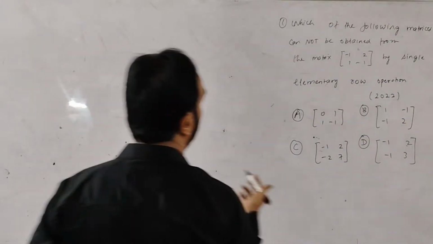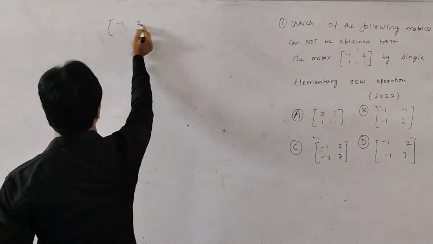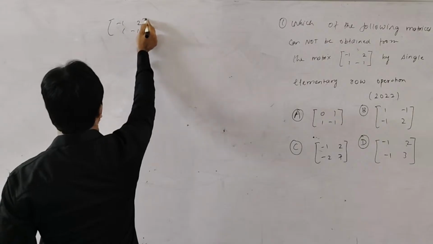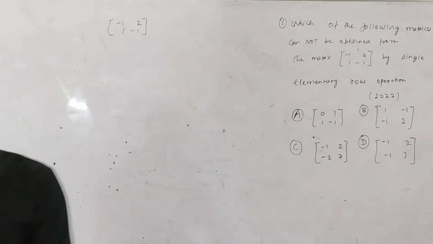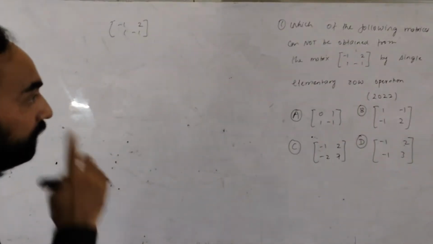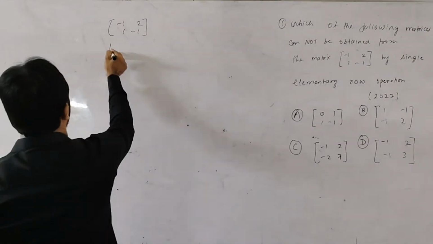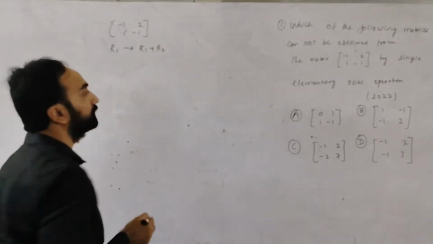First of all, the matrix that is given is -1, 2, 1 and -1. If you perform some operation on this, let's suppose I am performing row 1 as row 1 plus row 2. So what matrix will it become?